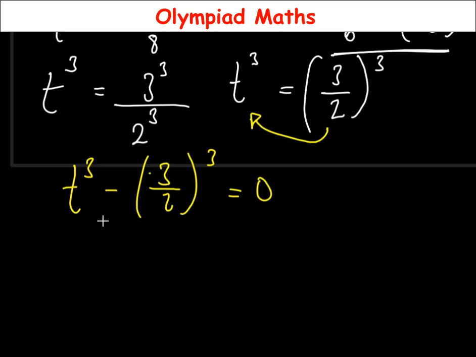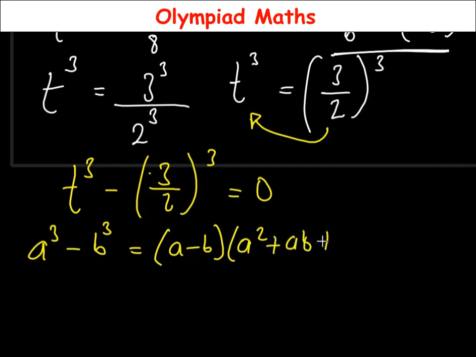With this, what we then have is a difference of two cubes. So if you have a raised to power 3 minus b raised to power 3, this equals, in brackets, a minus b multiplied by a squared plus ab plus b squared. So in this case, the value of a in this equation is t. The value of b in this equation is 3 over 2.